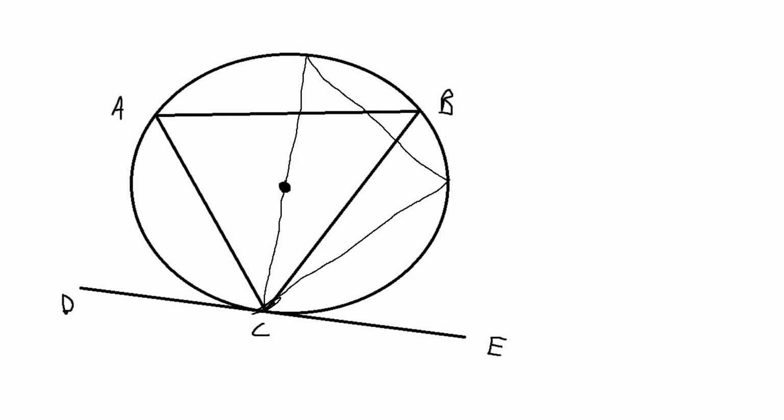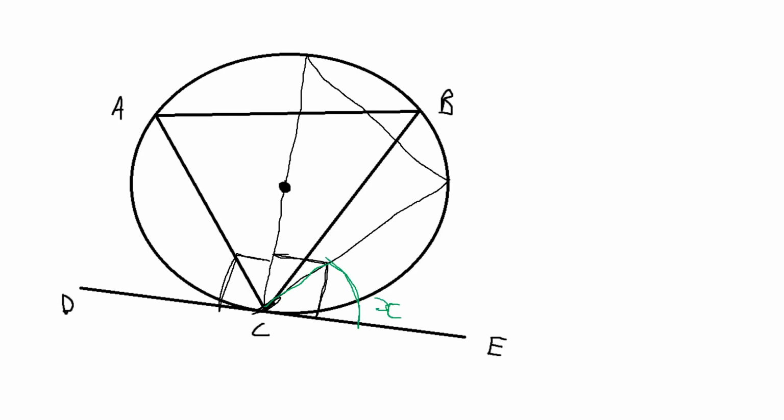So if this is a right angle, it also means that this here is a right angle. And okay, let's say, for all intents and purposes, that this angle here is x, okay?